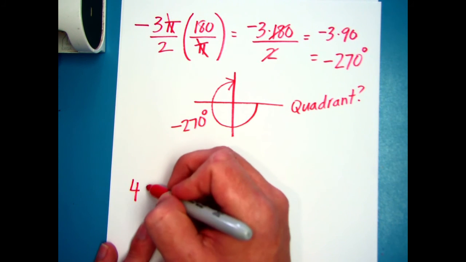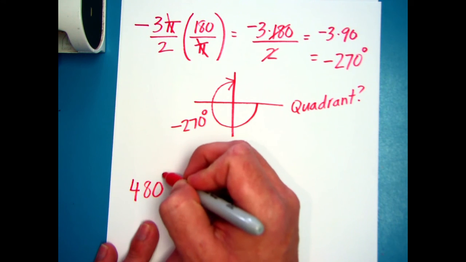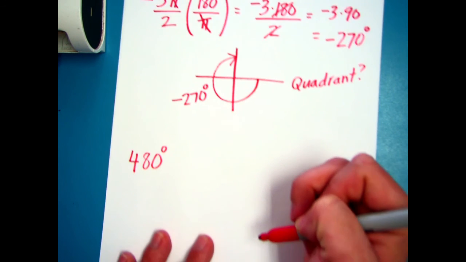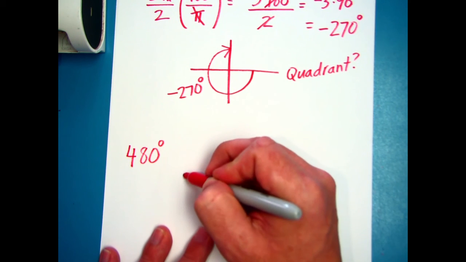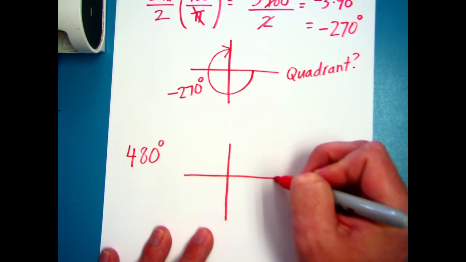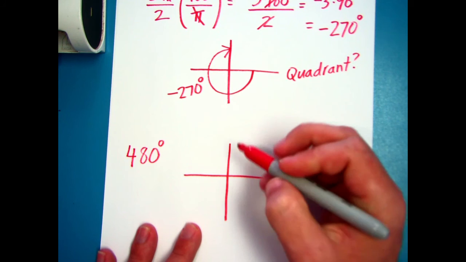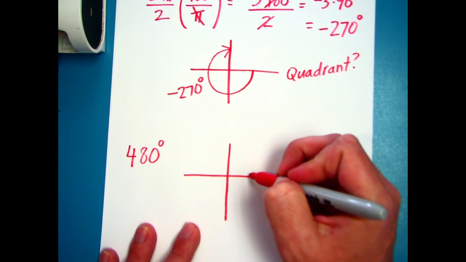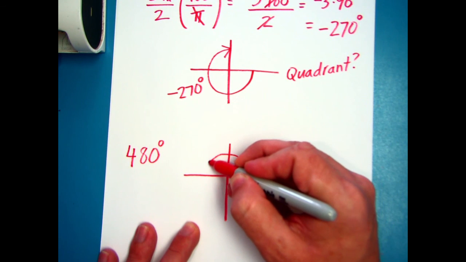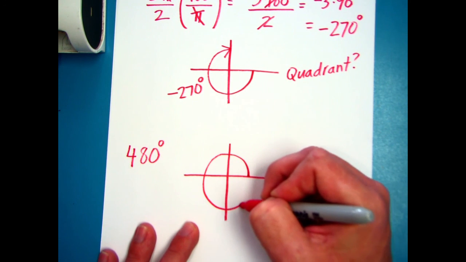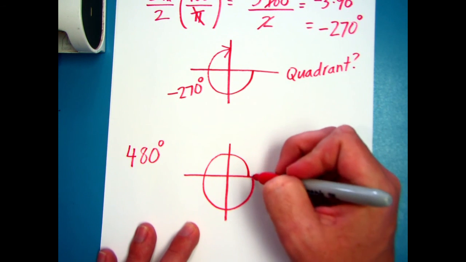So one last thing we haven't really talked about. What if the angle is greater than 360 degrees? Let's draw positive 480 degrees. We're going to move counterclockwise past 90, past 180, up to 360.